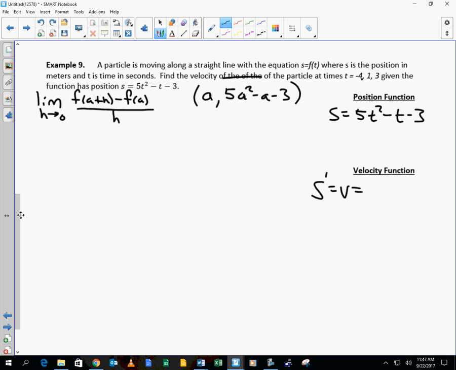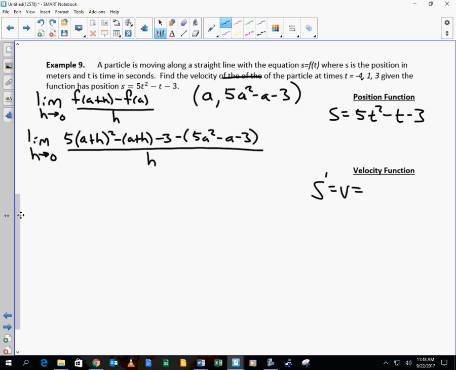So now I have the limit as h goes to 0 of f of a plus h: 5 times a plus h squared, minus a plus h, minus 3. Then I have to subtract off f of a, which is 5a squared minus a minus 3. That's all over h.